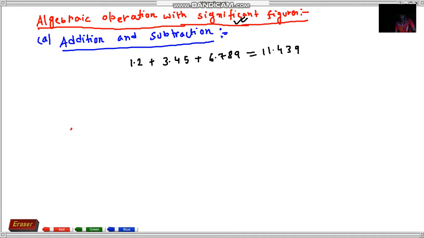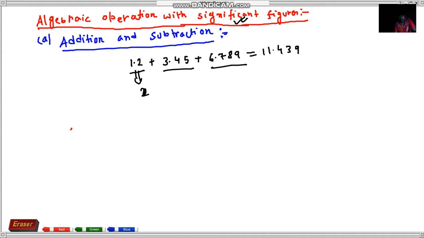Here there are three numbers: 1.2, 3.45, and 6.789. Out of these we first have to find in which number there is the least number of significant digits.